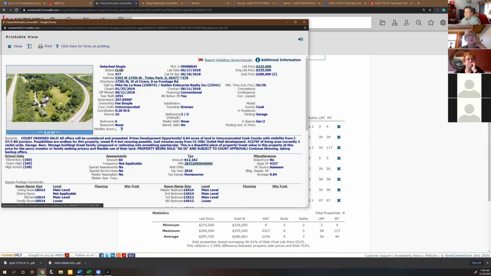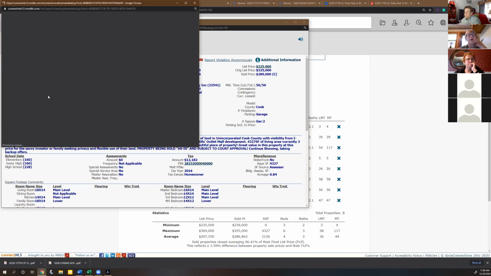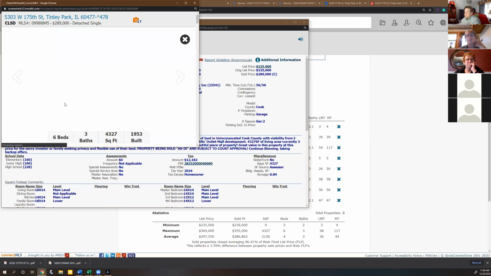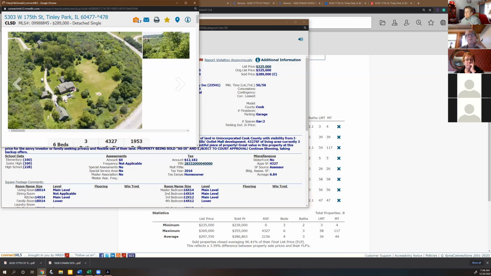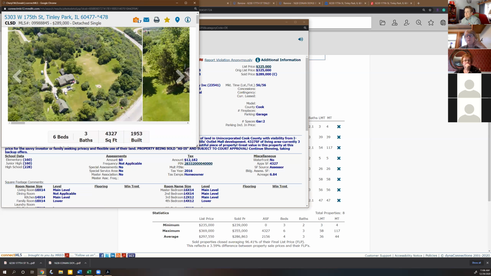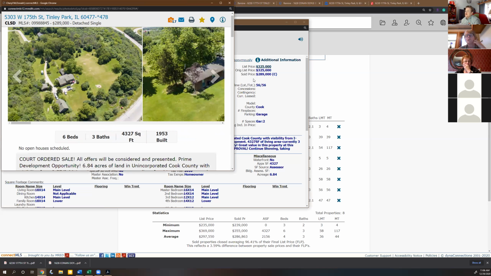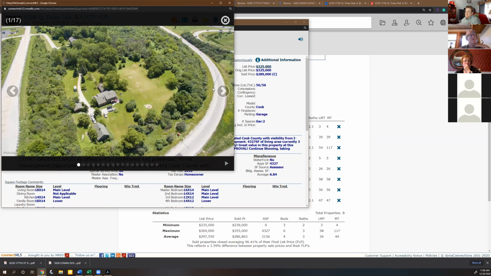So could that affect their price? No, they might just be warning people. They might just have to wait for the whole process to go through before it closes. Well, that's under the sold price. Oh, yeah.